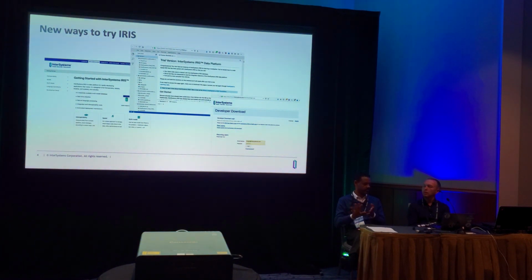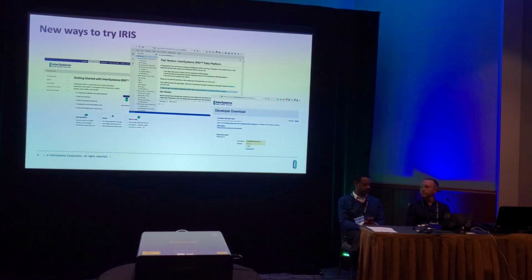So that, no time expiration, full-fledged version of IRIS with all the interoperability support and all the features. Raj, let me comment on this. Previously we had IRIS Community Edition on Docker. And if I properly understood, now we have the version which we can download and install, not in Docker, just on any desktop, right? Yeah.